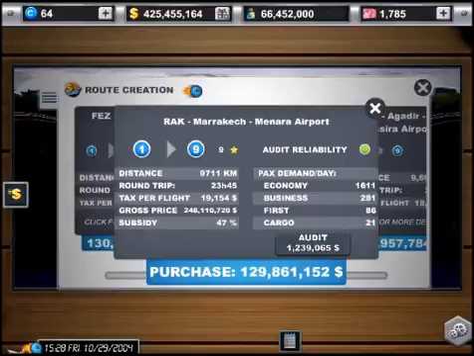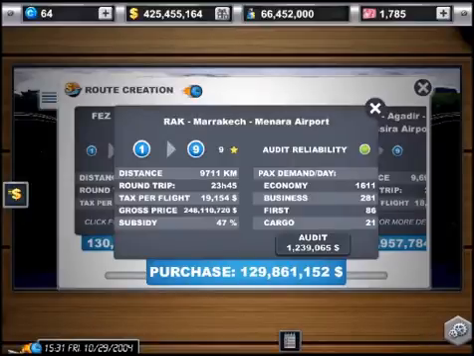But that's okay. We're going to configure this to have enough seating for a little bit of business and first as well. I do agree with one of the other YouTubers out there that economy is a much better seating arrangement. You get more yield per equivalent seat with economy. It's just more dollars per passenger.